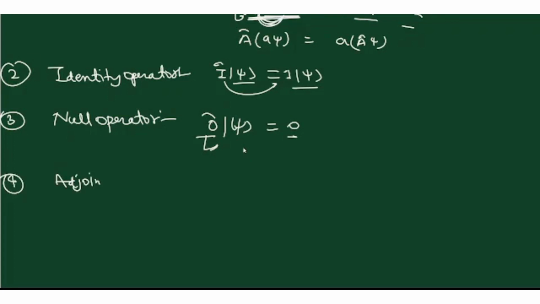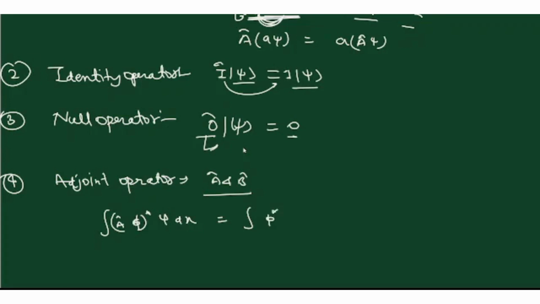And the fourth one is the adjoint operator. Okay, adjoint operator. So basically for this operator A and B, we are taking some two operators such that integral of phi star (A psi) dx is equal to integral of (B phi) star psi dx.